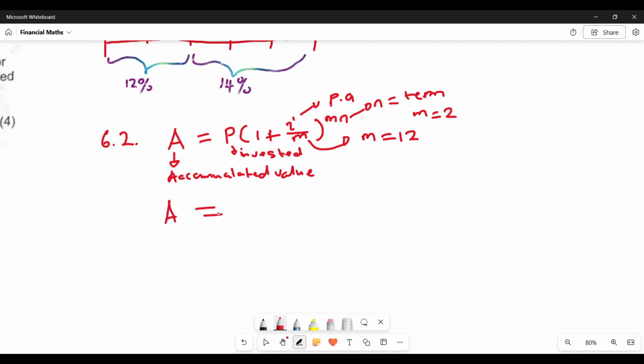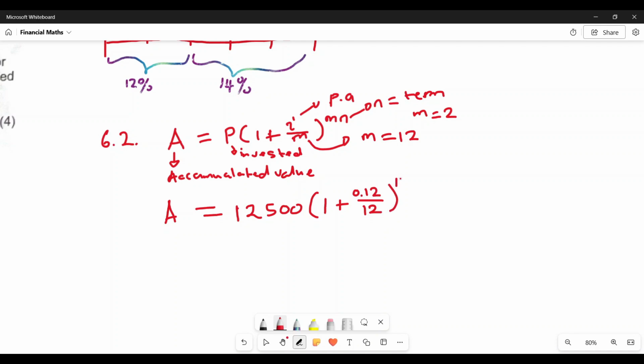I'll say A will be equal to, P is equal to what? 12,500. And then using that formula for the first 2 years, I'll say 1 plus 12%. What is 12%? It's 0.12 divided by 12 in this case because it's monthly.